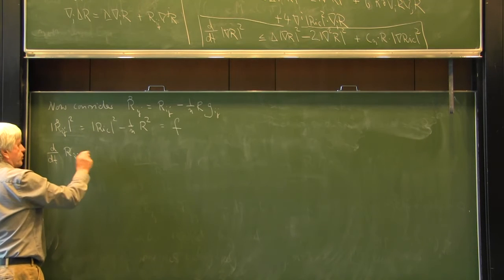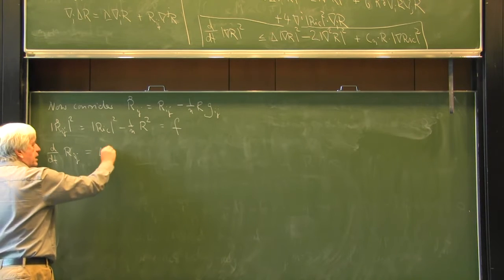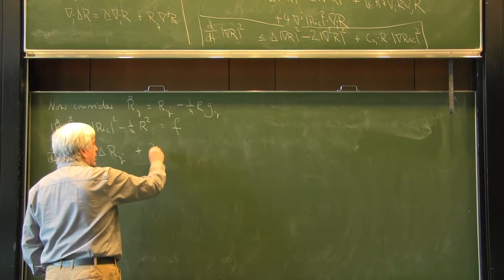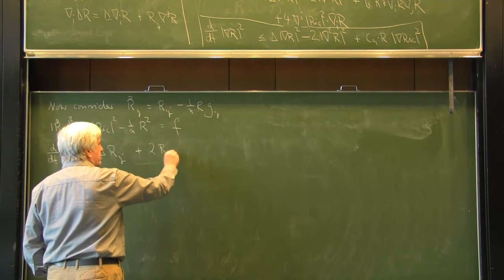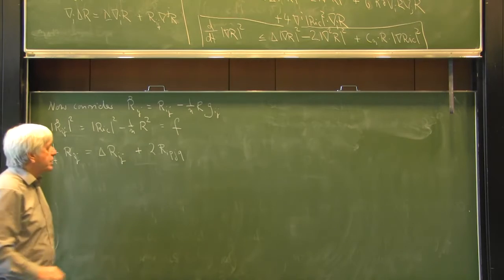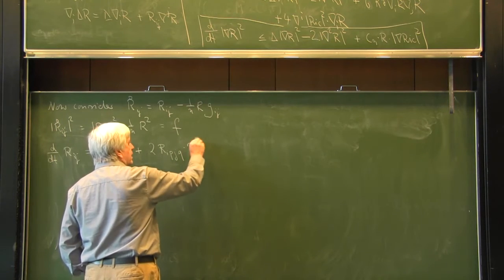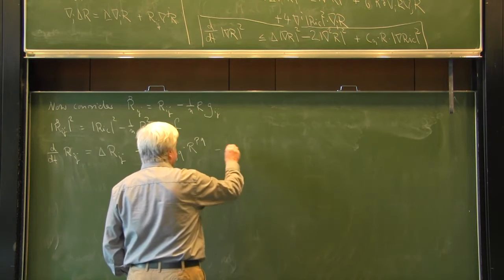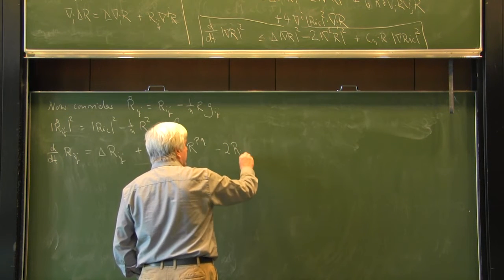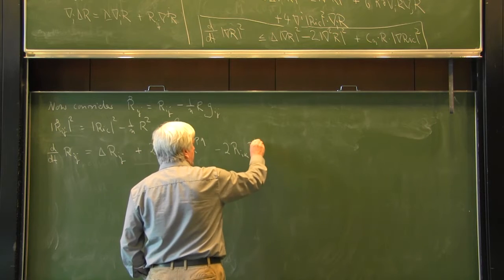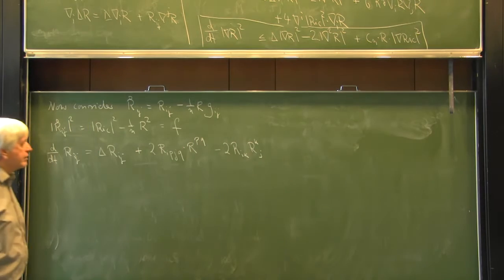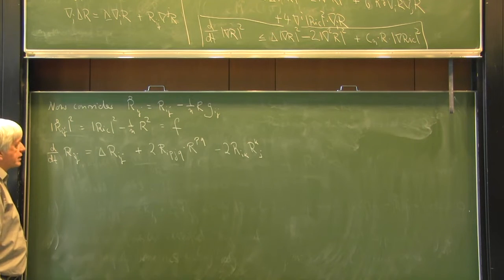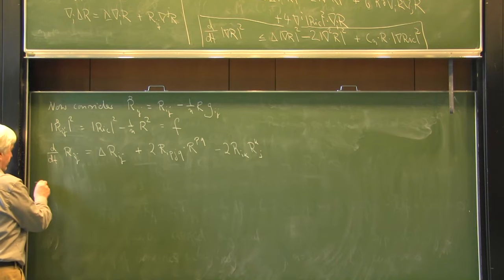What we proved was d/dt of Ricci was Laplacian of Ricci, and then there was a term involving the full Riemann tensor, R_ipjq, contracted with the Ricci tensor, and then a term which was the square of the Ricci tensor. This was the evolution equation of Ricci. So now we can, from this and the evolution equation of the scalar curvature, compute the evolution equation of f.